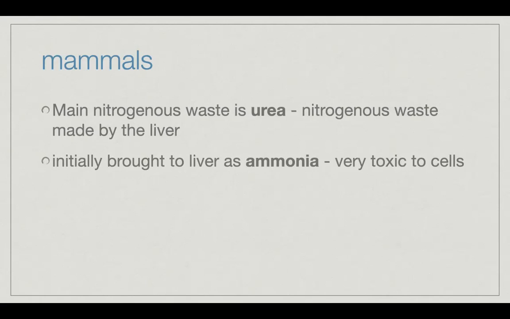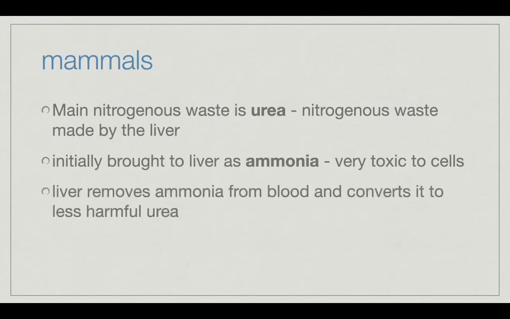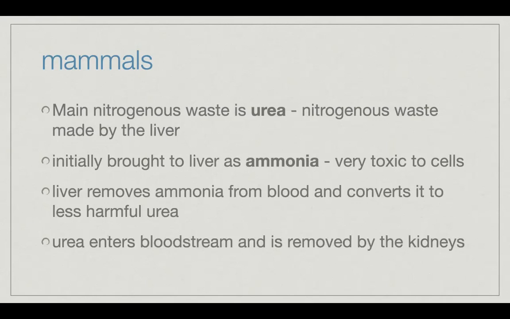Ammonia is very toxic to cells, so the ammonia is transported to the liver. The liver extracts the ammonia from the blood and converts it into urea. Then the urea is put back into the bloodstream, and the kidneys take that out. That's the main nitrogenous waste filtered by the kidneys: urea.